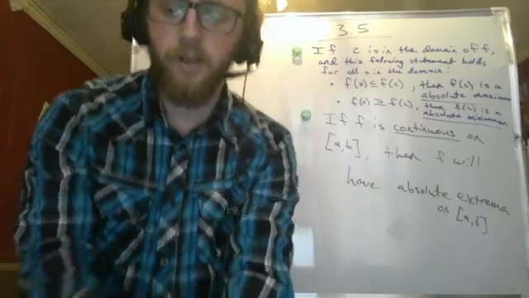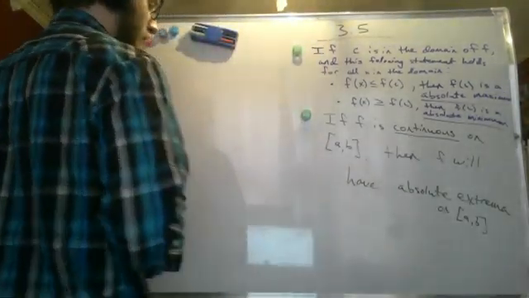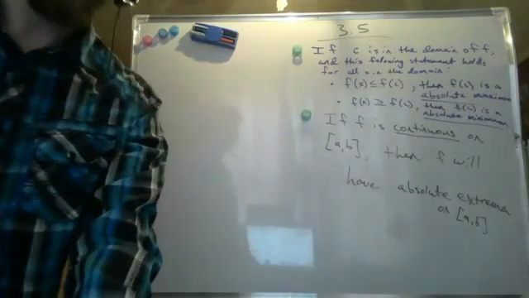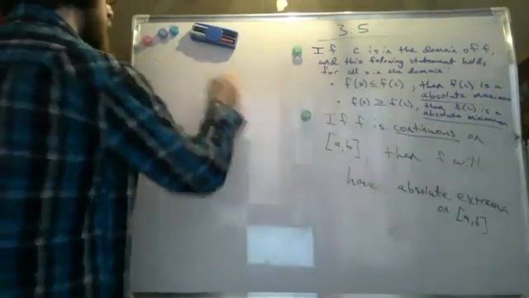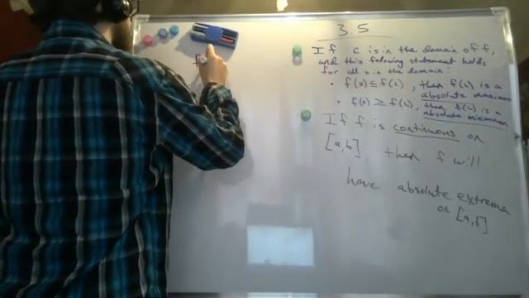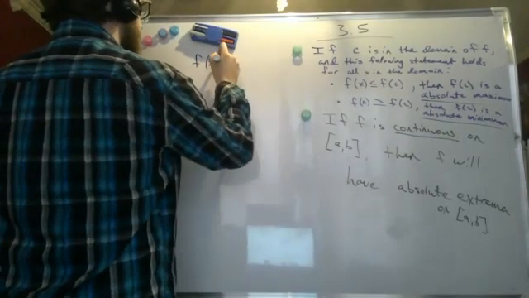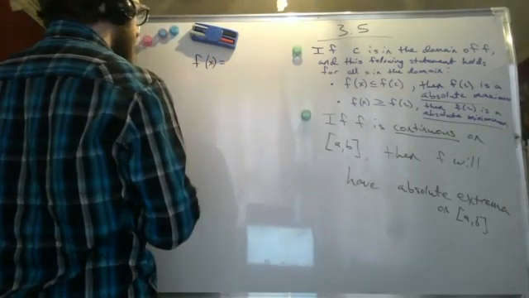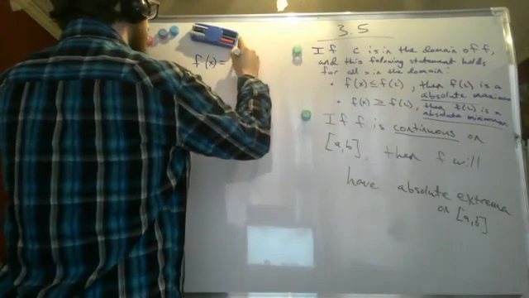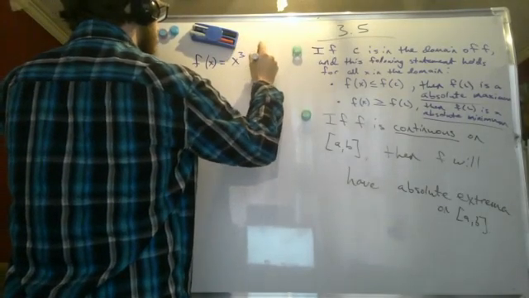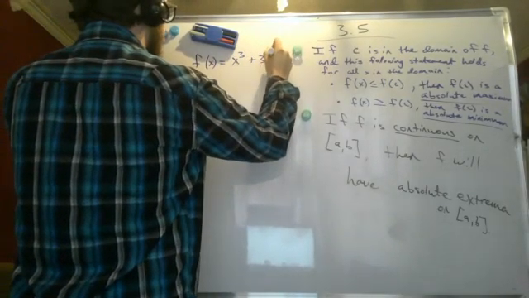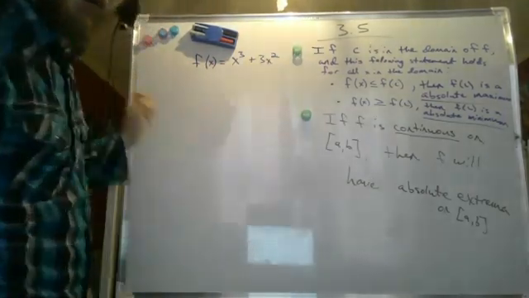And we're back. All right, so yeah, so here's actually exactly the kind of example we want to talk about here. So, suppose f of x is equal to x cubed plus 3x squared.